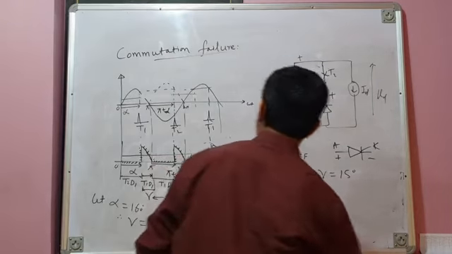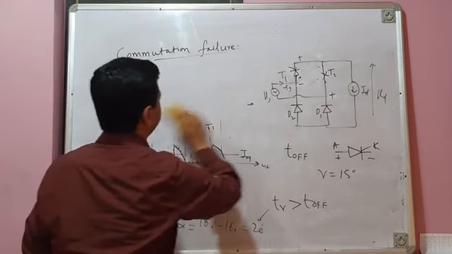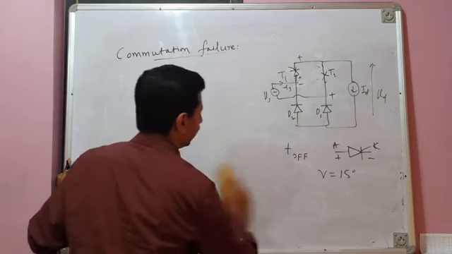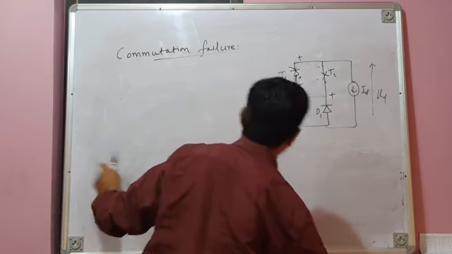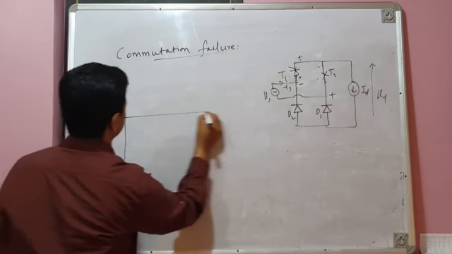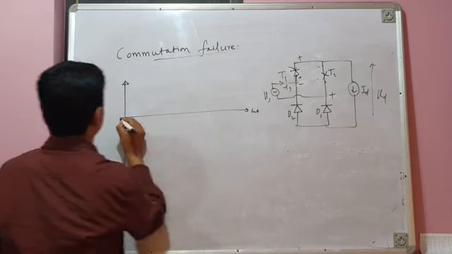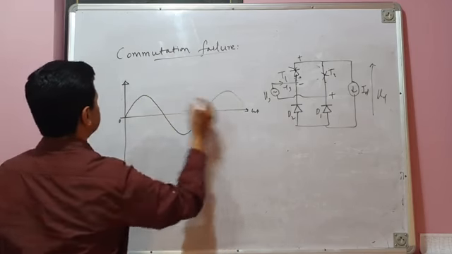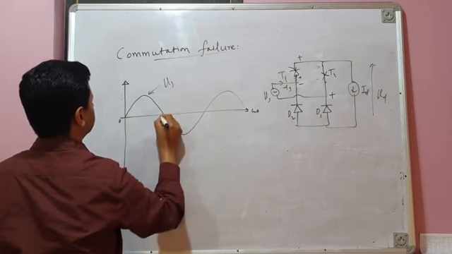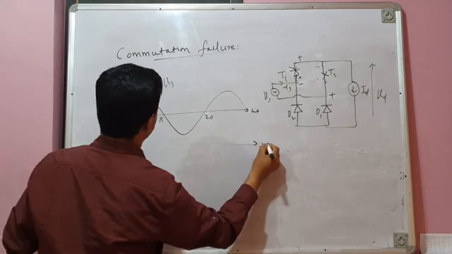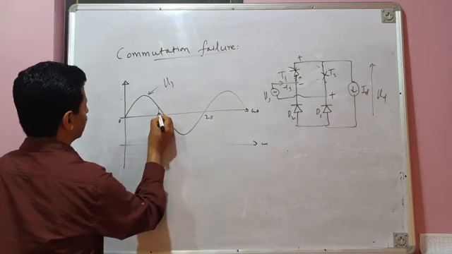Now let us assume that alpha is still greater, very, very high. It will be very interesting to see what happens if alpha is very, very large. This is again your source voltage, 0, pi, 2 pi, and so on. Now I will show alpha very, very large.